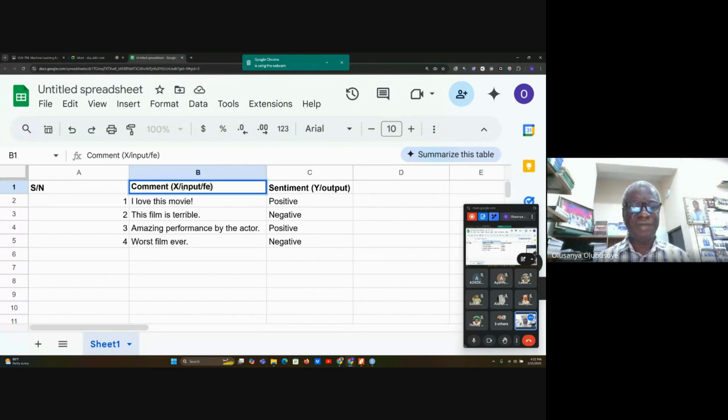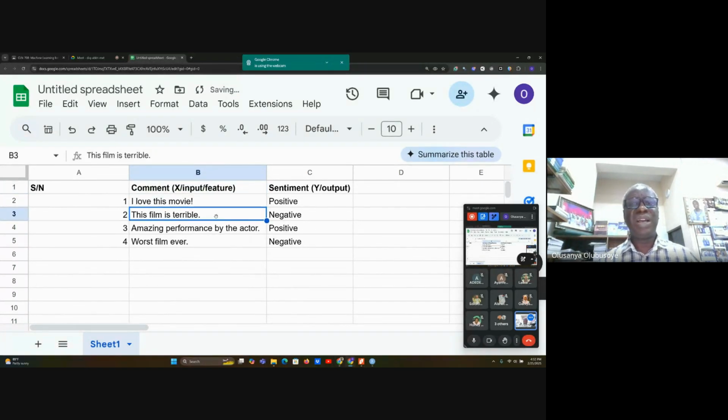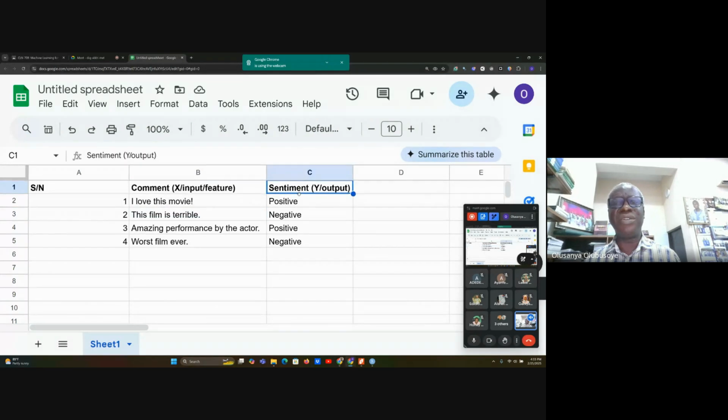We also call it the feature. So you need the feature in this case, or you need the input, and then you also need the output. So remember that the output is the one that will be in category. Sometimes also this output is called the label.